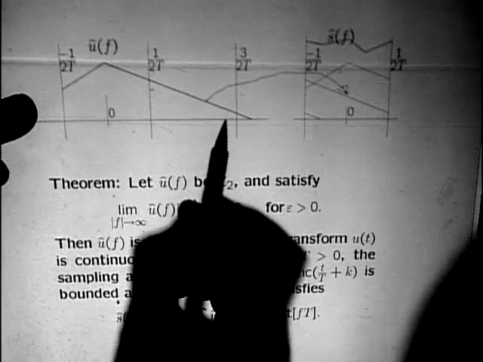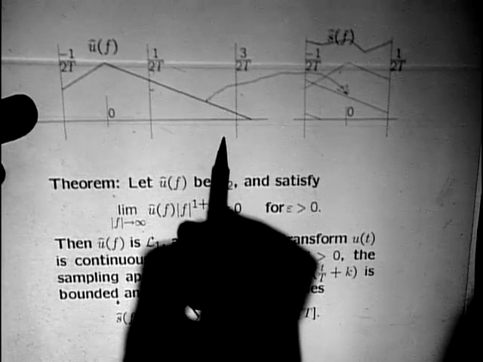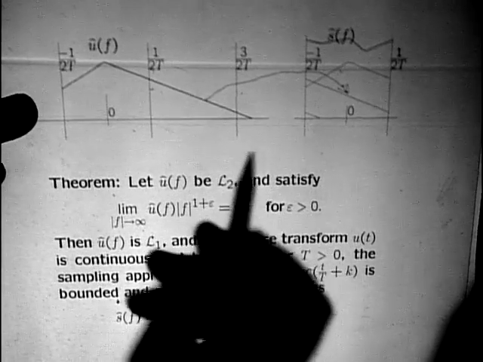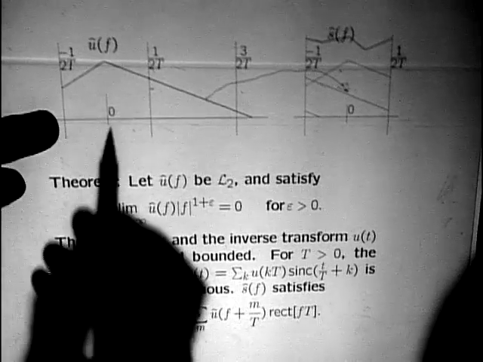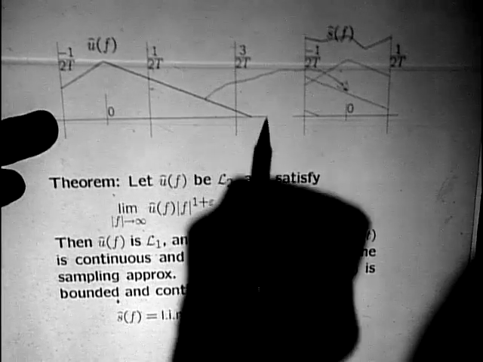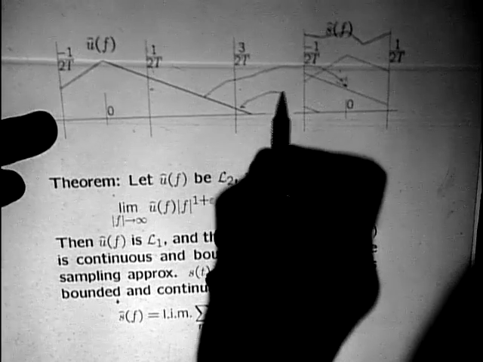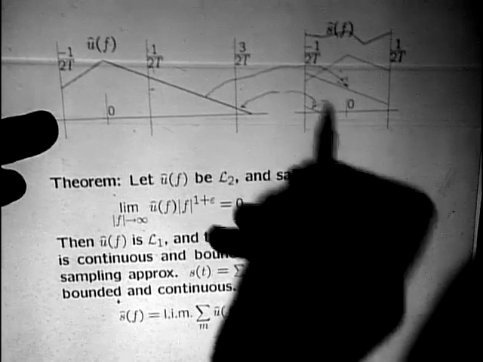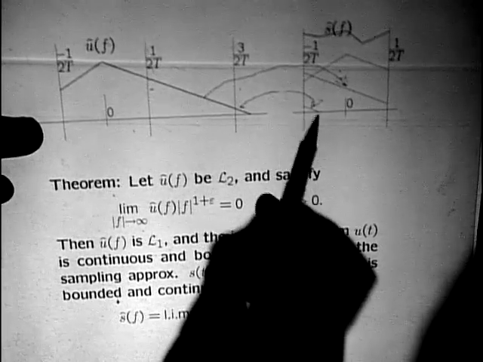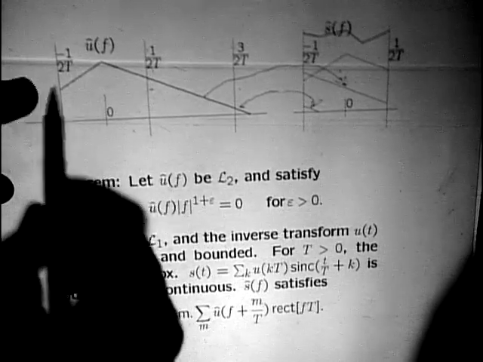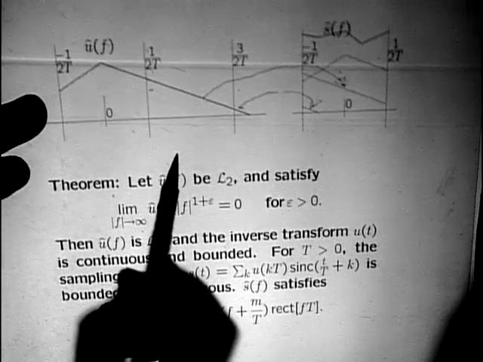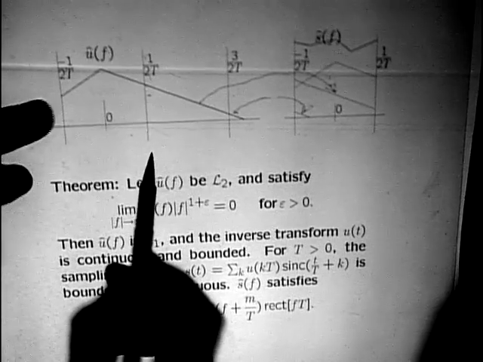This quantity here is in the band from 3W to 5W. It gets picked up and put in here also. It's gotten picked up and put down there. So I have this part, and this part just stays where it is. This is the part that's actually band limited.